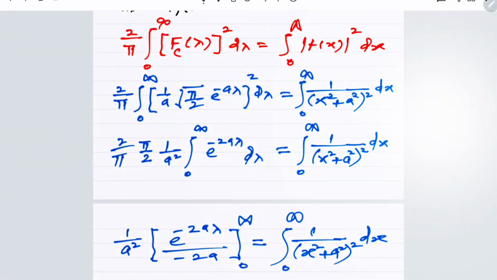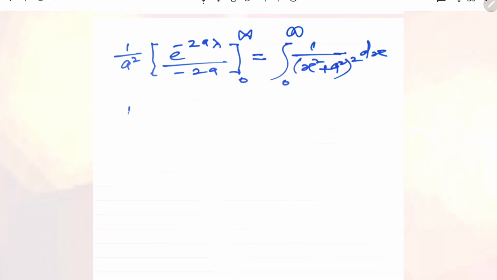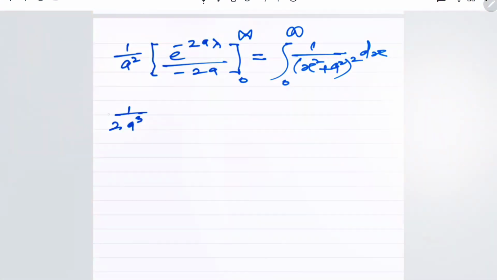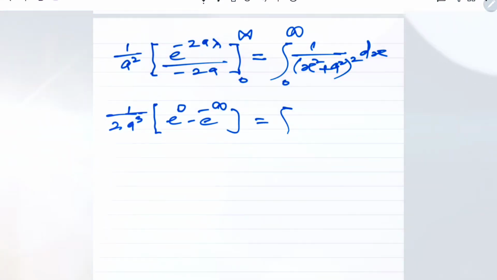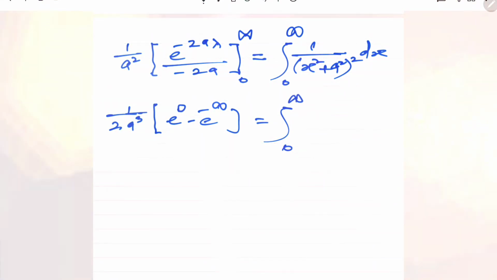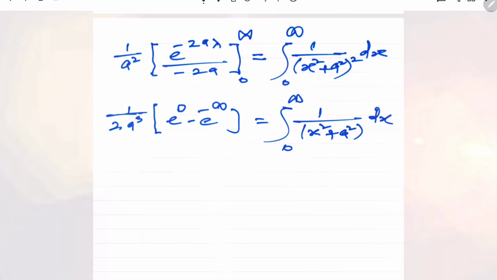Cancelling the minus sign by changing the limit, we get 1 by a square as it is, the lower limit becomes the upper limit, therefore e raised to 0 is 1 minus e raised to minus infinity, equals integration from 0 to infinity of 1 upon (x square plus a square) whole square with respect to x.